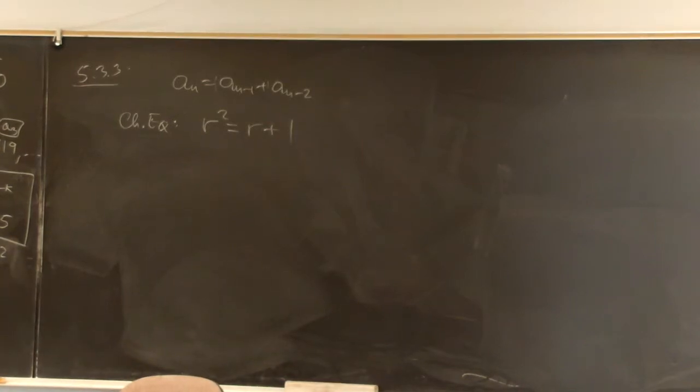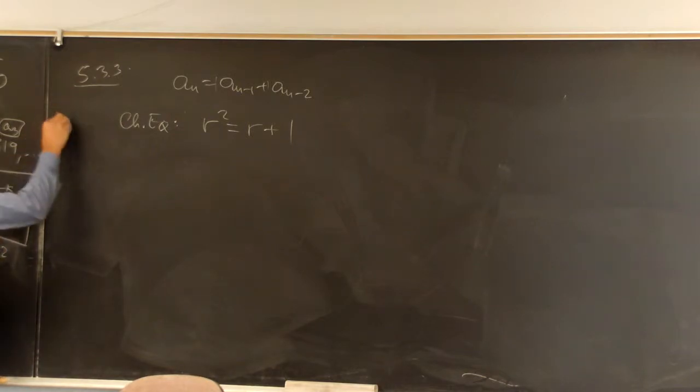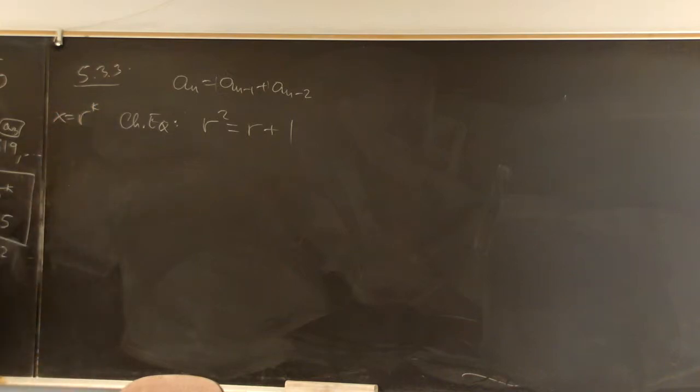Can you read this quadratic directly from here? Yes. Use the coefficients of the recurrence as coefficients of the quadratic equation. And by the way, don't forget, your solution is r to the n.